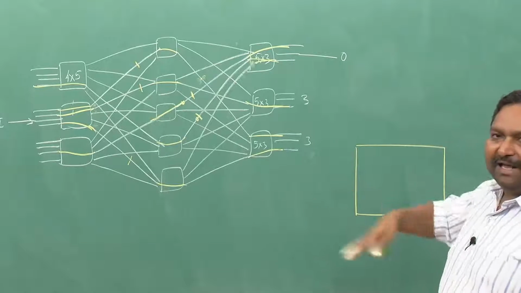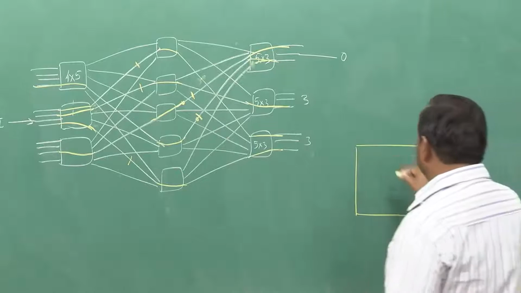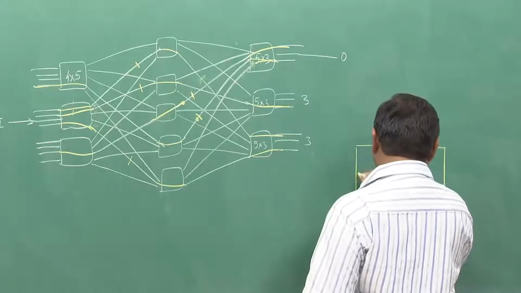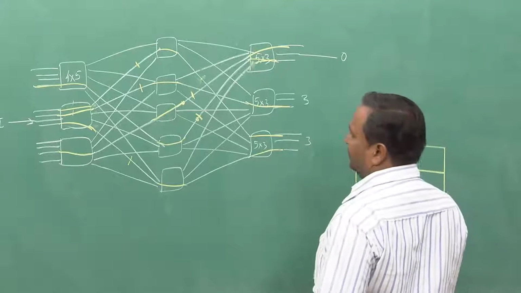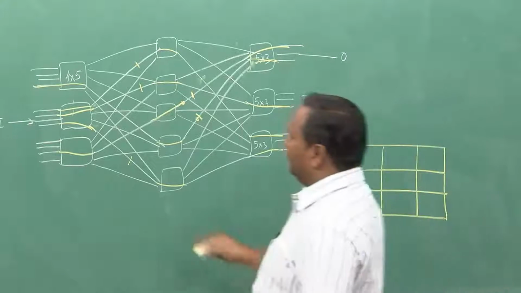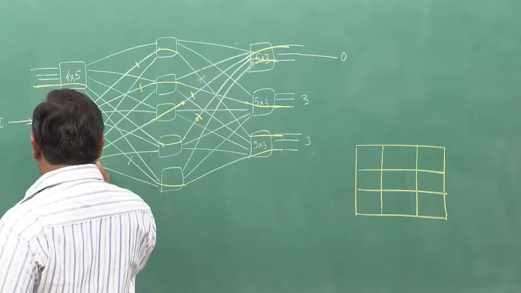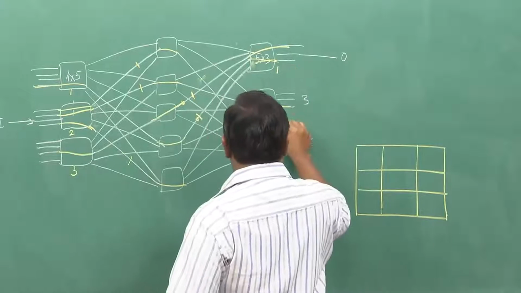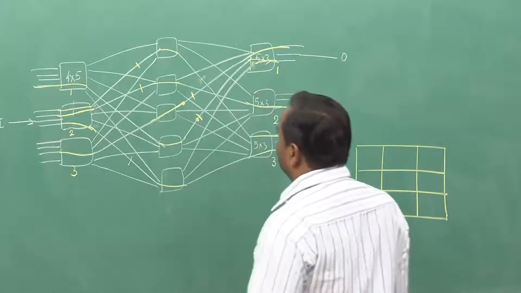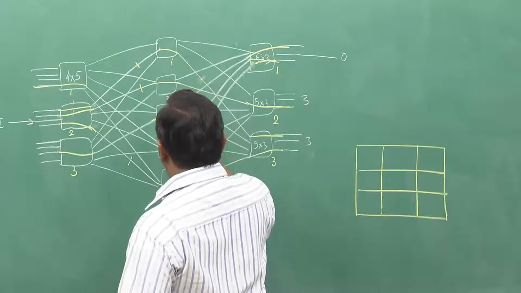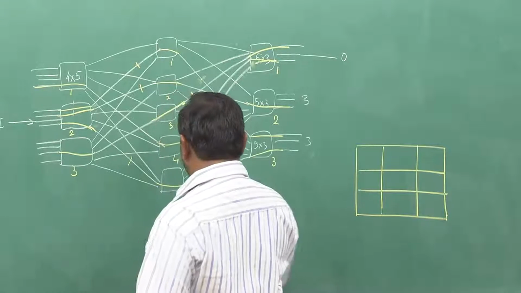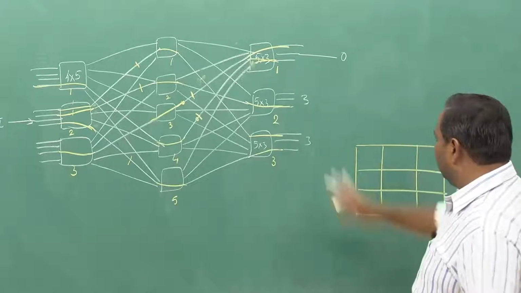So, in fact, you can actually do it for any arbitrary system. In this case, it is a 3 by 3 paull matrix. You will have, I call it number 1, 2 and 3, I call it 1, 2 and 3. Okay. These switches are 1, 2, 3, 4 and 5, and they do not satisfy the Clos theorem.